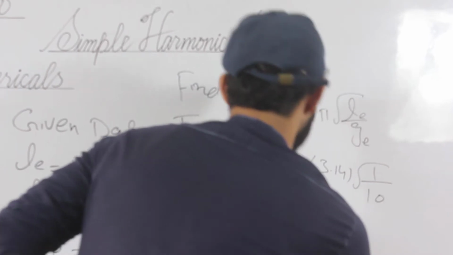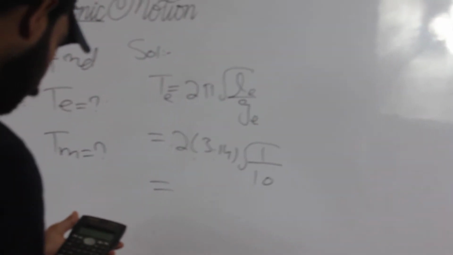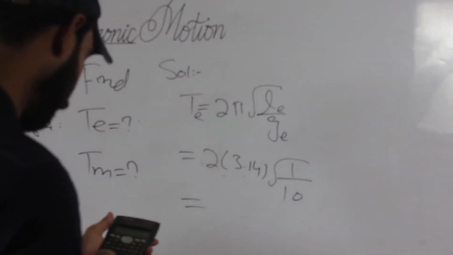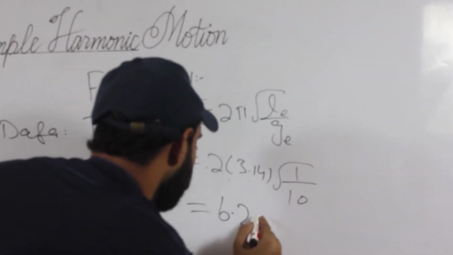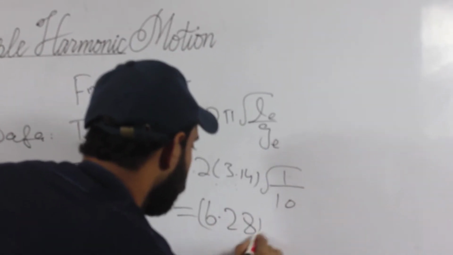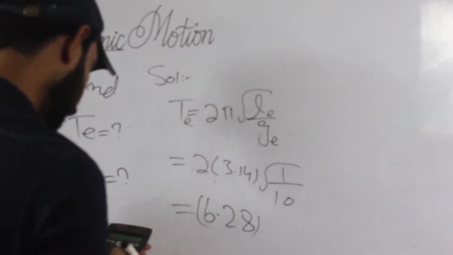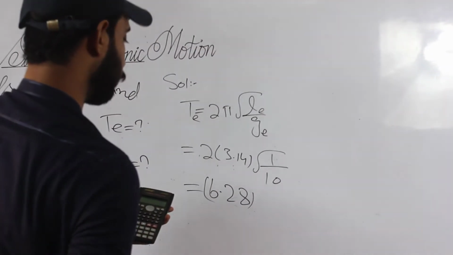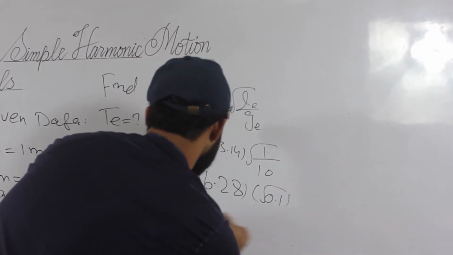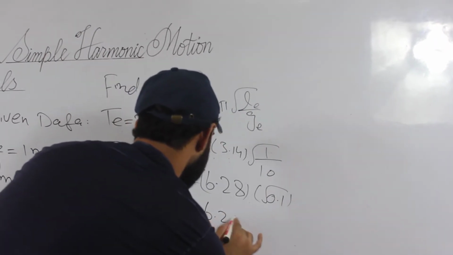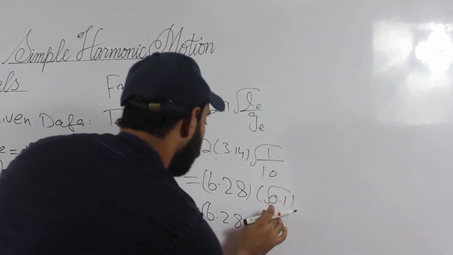First of all, multiply these values. 2 multiplied by 3.14, we get 6.28, and 1 divided by 10 under the square root, we get square root of 0.1.